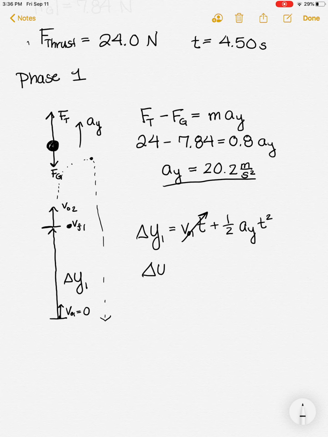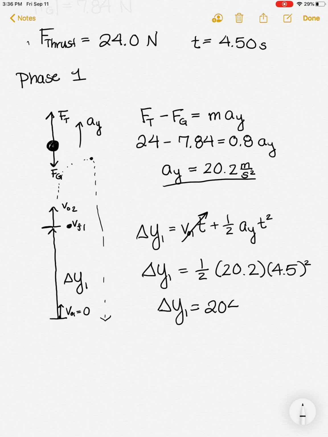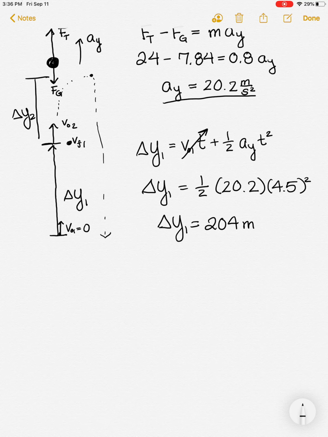So there's no initial velocity, and we want to find delta y1. And so that's going to be equal to 1/2 times 20.2 times 4.5 seconds squared. So the first half of our problem is just saying that delta y1 is equal to 204 meters when we plug that in. So now we need to find delta y2 while the object is in free fall in order to get to the maximum height, which is just going to be y1 plus y2.